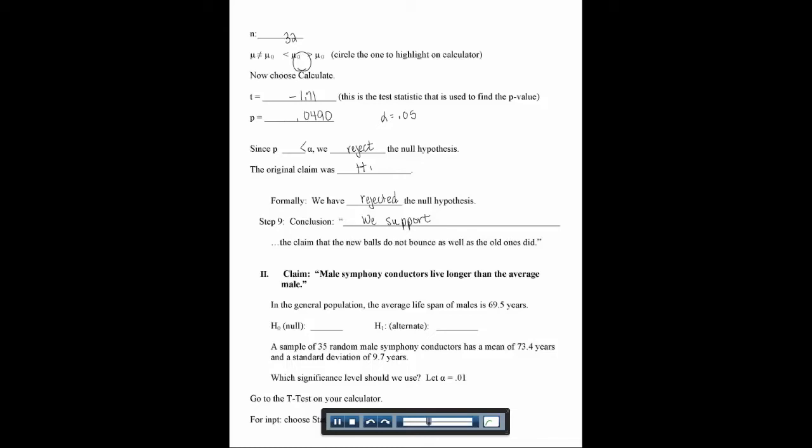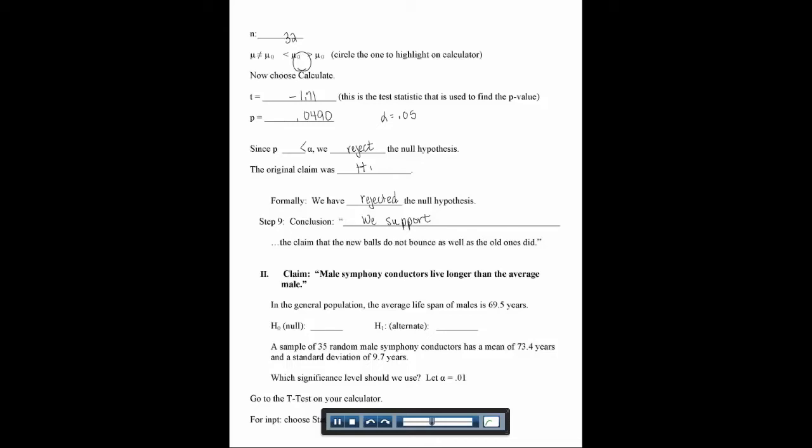Okay, and the alpha we chose was 0.05. So since our p-value is less than alpha, we reject the null hypothesis. And since our original claim was H1, we support H1. So formally we'd say we reject the null hypothesis, which means we support the claim that new baseballs do not bounce as well as the old ones did.